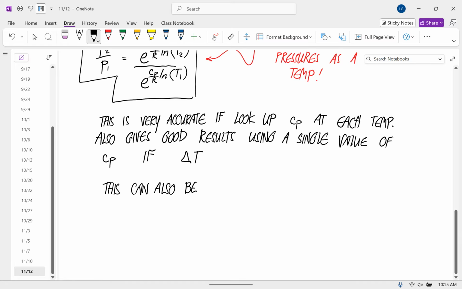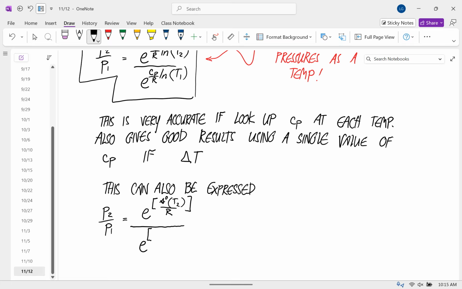But this can also be expressed as P2 over P1 is equal to e to the power of, in a bracket, S superscript 0 at T2 divided by R, divided by e to the power of S super 0 at T1 divided by R. And you can actually look up that whole exponential in the table.